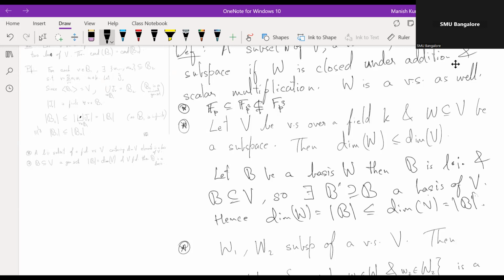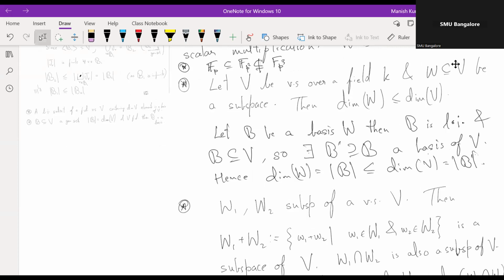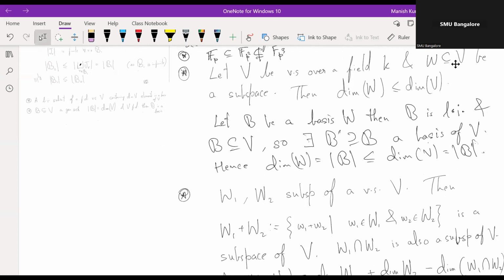So let's do something slightly more complicated. Let's say W1 and W2 are two subspaces of V. Then you can construct this set W1 plus W2, which is basically you take any element of W1 and an element of W2 and add them. You consider the collection of this set.